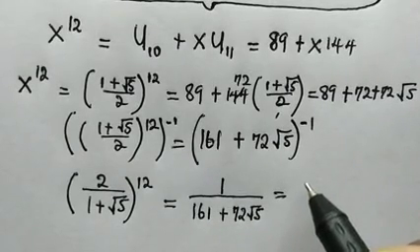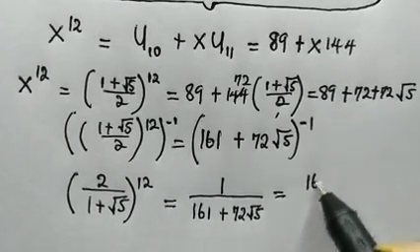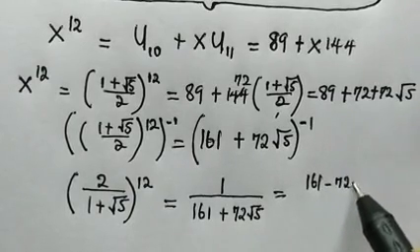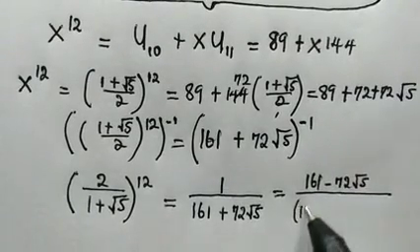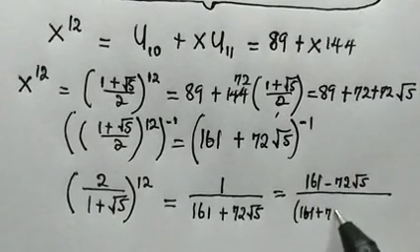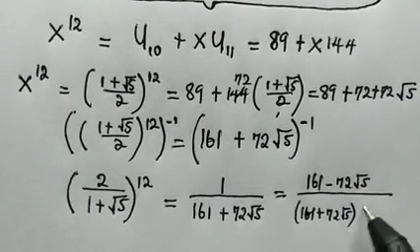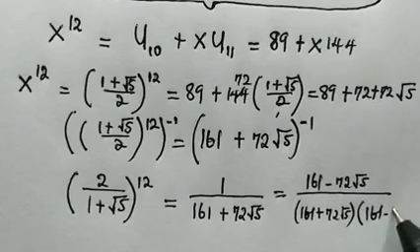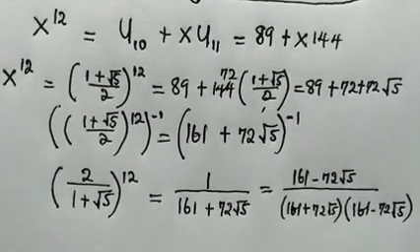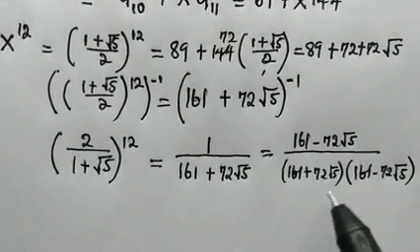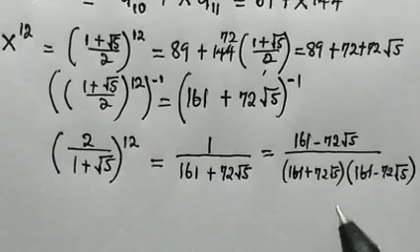So we get upstairs here 1 times 161 minus 72 root of 5, then divided by, we already have 161 plus 72 root of 5, then we're multiplying by 161 minus 72 root of 5. So downstairs here we just have the difference of two squares, right?